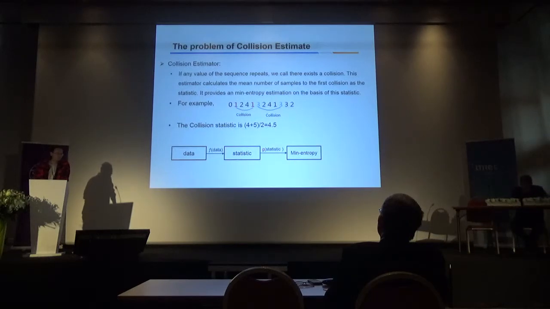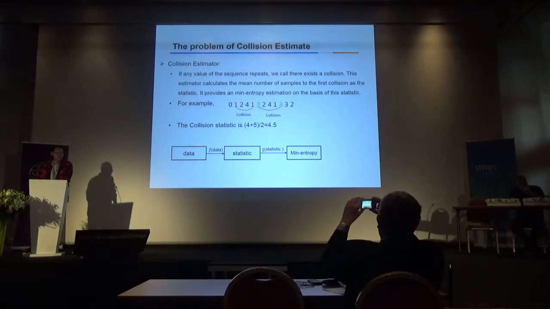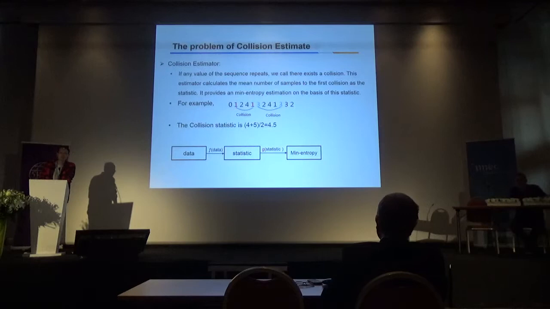Now I give an introduction of the collision estimate. The collision estimator focuses on the collisions in the tested sequence. If any value of the sequence repeats, we say there exists a collision. This estimator calculates the mean number of samples to the first collision as a statistic.